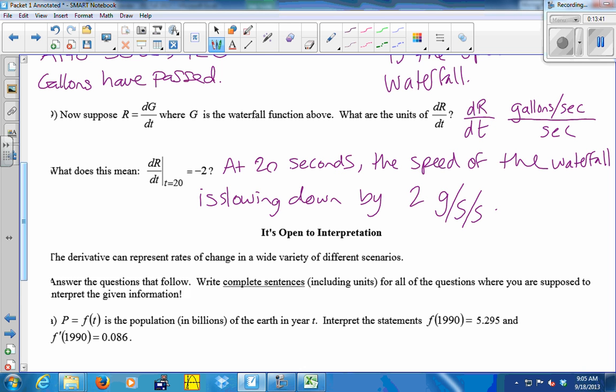To find the units on dr dt, I did the units on the top, the dr, and r is dg dt, which has units gallons per second. The units on the t are seconds. So now I have gallons per second per second. This is measuring acceleration, the rate of change of the speed, the rate of change of the rate of change. So this says that the speed of the river at 20 seconds is slowing down because it's negative.